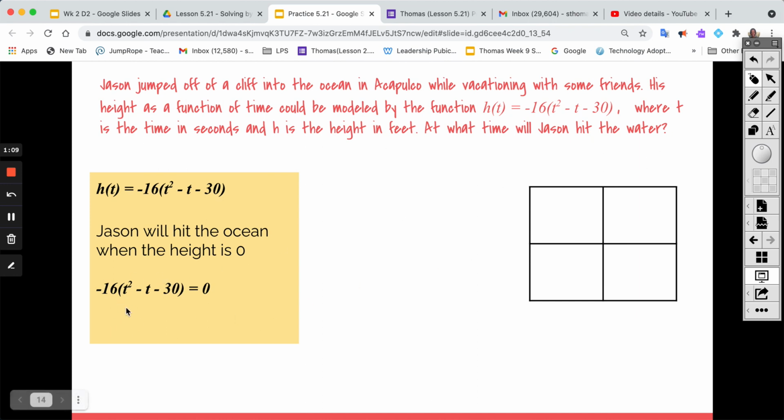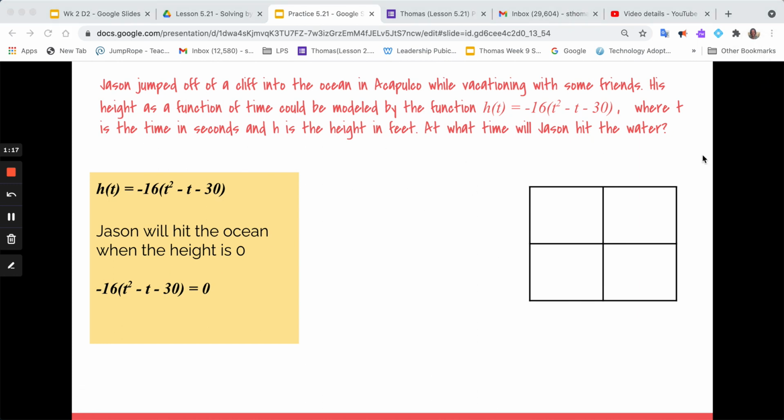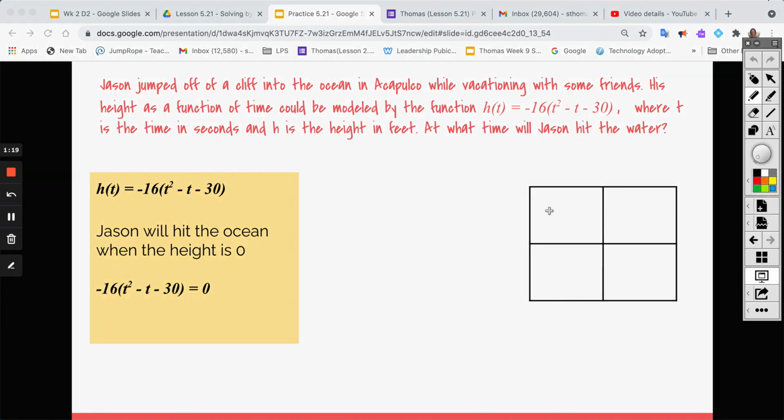And we're going to focus on just the standard form of the equation, that portion that is in parentheses. So, inside the box, we'll have our t squared, and that's given by t times t. And we know we have a negative 30.